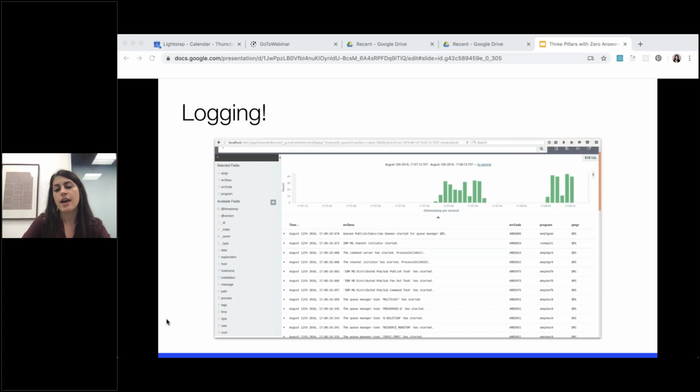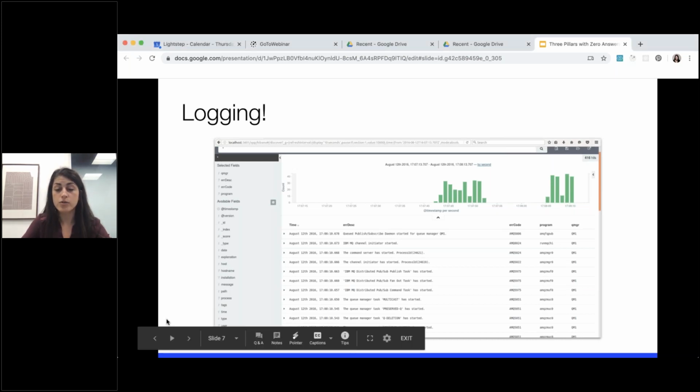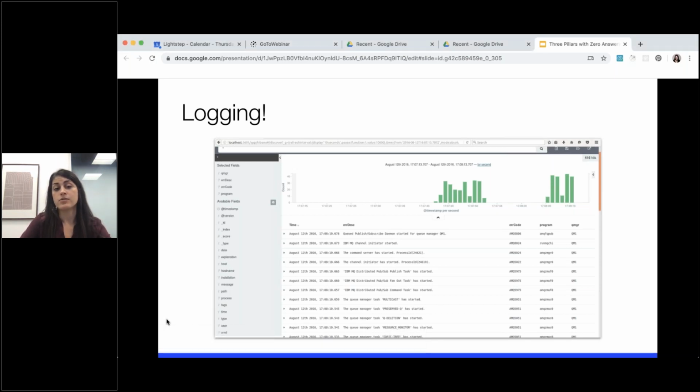You essentially have statements in your code that emit structured or unstructured data to a log file, which is centralized. You can then query in that log file and generate a list of logs that are interesting to you, and you can also get some very basic statistics from those logs. So that's logging in a nutshell.